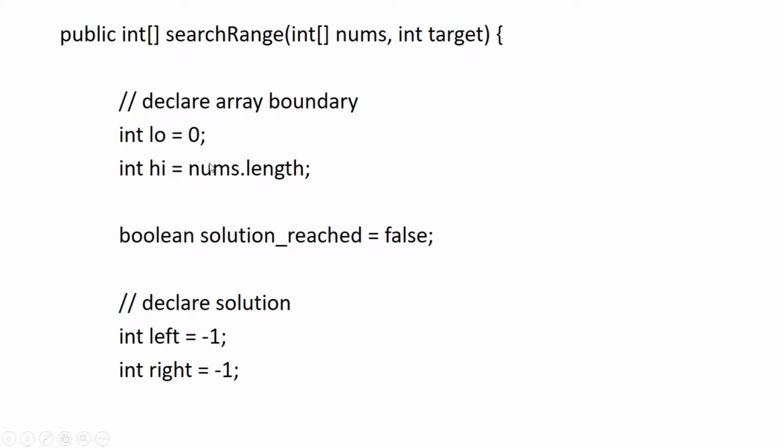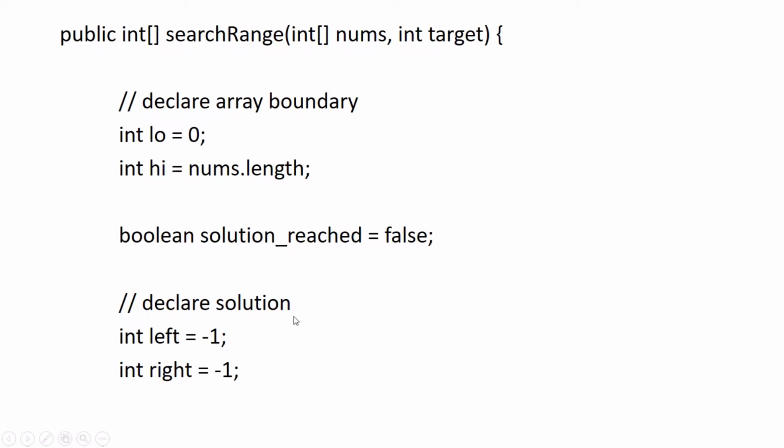So first we declare our array boundaries: low to 0 and high is the length of our array. Now we have some utility variables. In case we reach a solution, we turn this to true. But now we don't have a solution, so it's false.